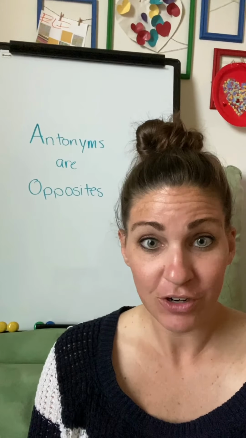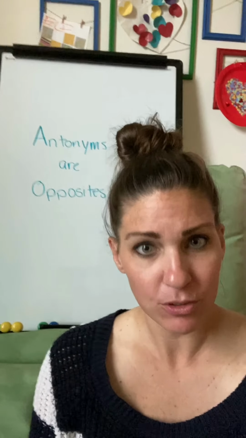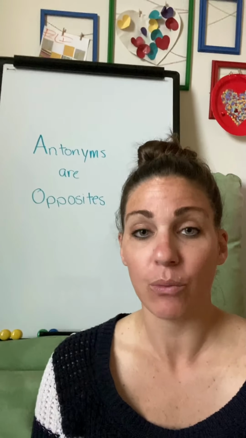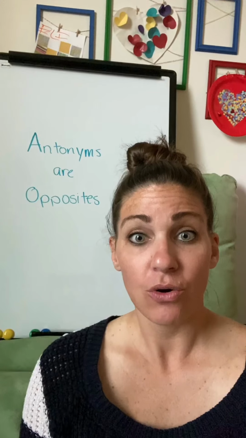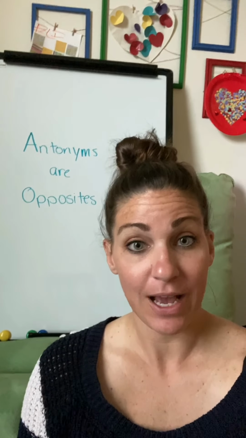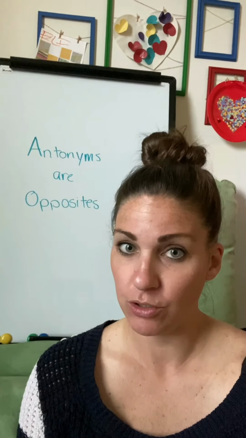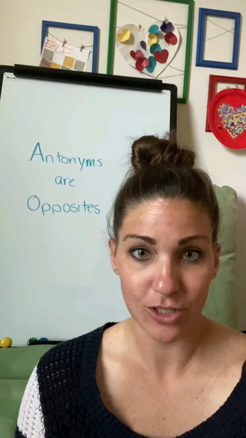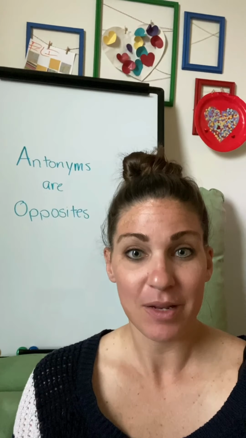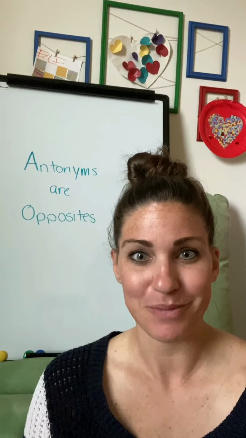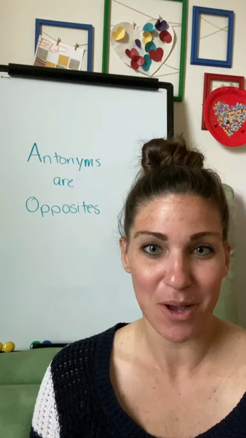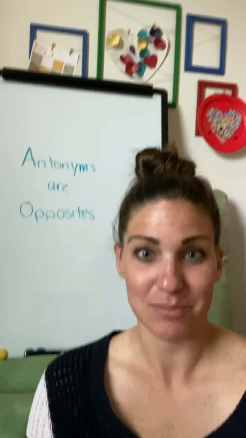If you have a dictionary at home, we need to be able to use those resources to help us figure out words that we don't know. So when I lay out all the cards and read them to you, if there's one you don't know, hit pause, take as long as you want, and make sure that you understand what those words mean. Then we'll try and match them up with their antonyms.